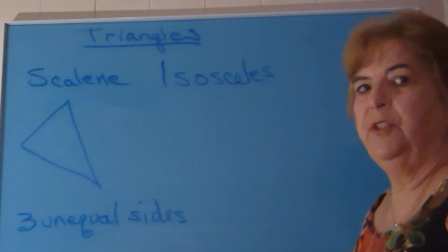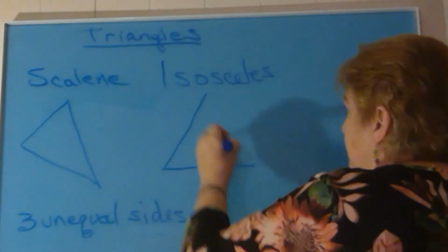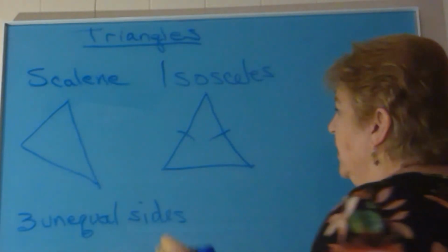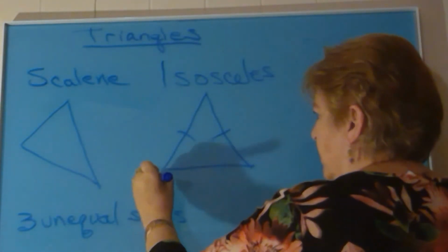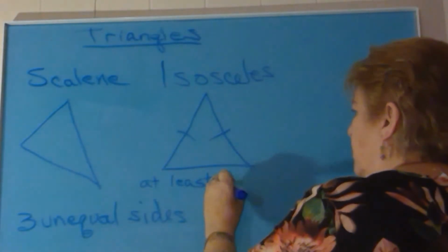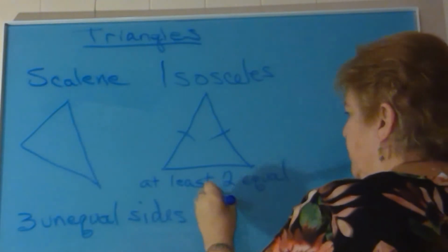An isosceles triangle, we would mark like that. It has at least 2 equal sides.